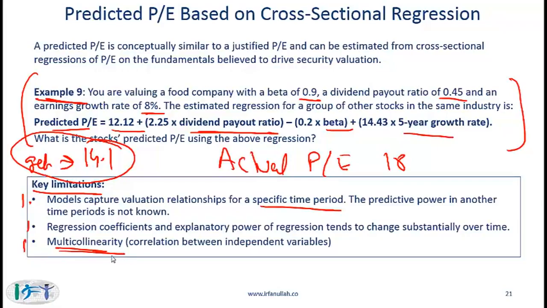In other words, you cannot then trust the regression. So if you think about this exercise, what are the independent variables? Dividend payout ratio, beta, growth. Do you think there is any sort of a relationship between the payout ratio and growth rates? There might be. So a big issue with such models is that of multi-collinearity.